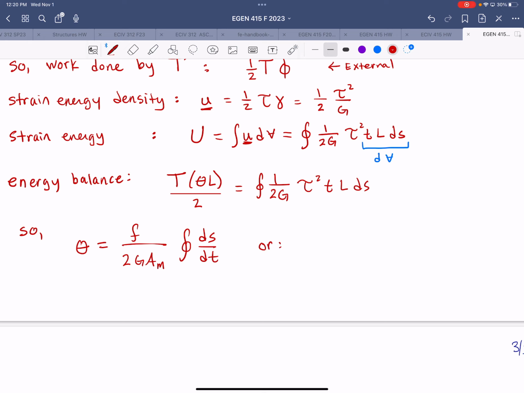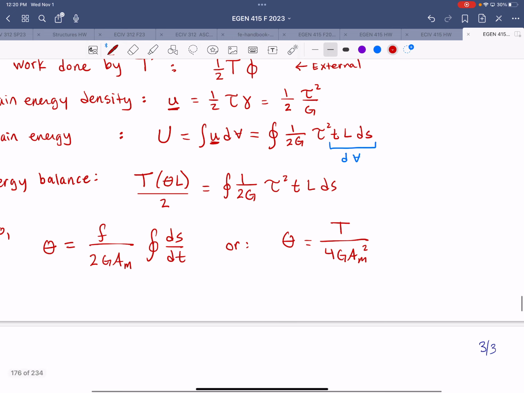Or we can write theta is equal to torque over 4GAM squared times the integral over a closed loop of ds over dt.